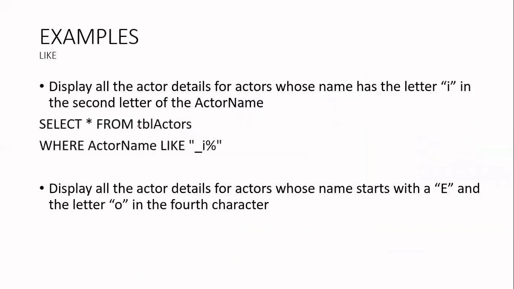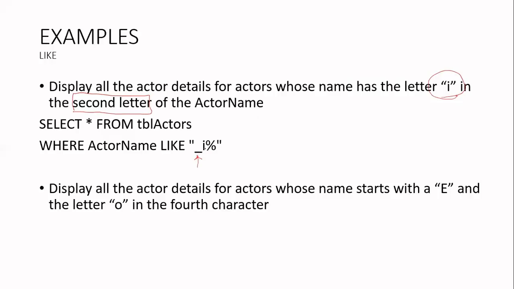Another example, we're looking for somebody whose name has the letter I in the second letter. The I is contained in the second letter. So we use the wildcard, which is the underscore.